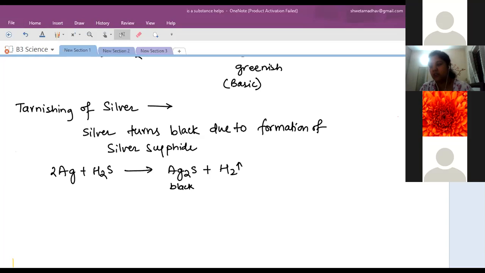Why nitrogen gas? Because nitrogen is inert at room temperature. At room temperature, nitrogen gas does not undergo any chemical reaction. Therefore, it won't react with the food, and due to the presence of nitrogen, oxygen will not be there, and therefore oxidation won't take place. Clear?